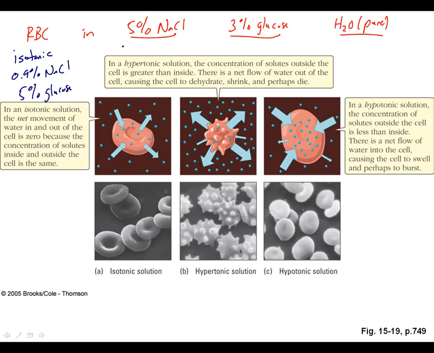That means that this is going to be a hypertonic solution. And that means that this is going to happen here. The red blood cell, again, is going to be in a solution that is more concentrated. So the red blood cell is going to lose all its water and is going to start to shrink, right, and go through crenation.